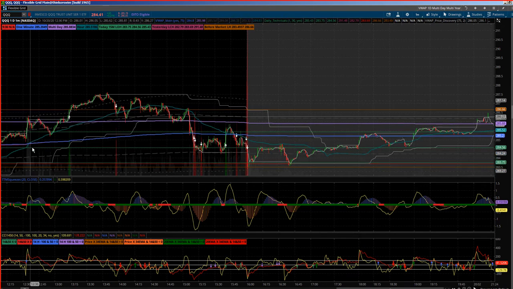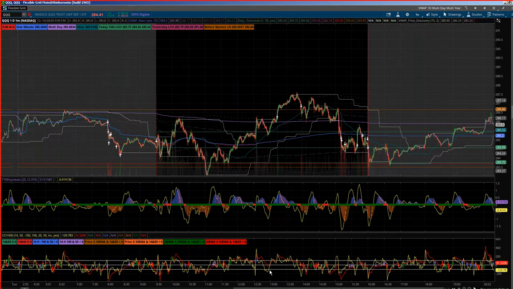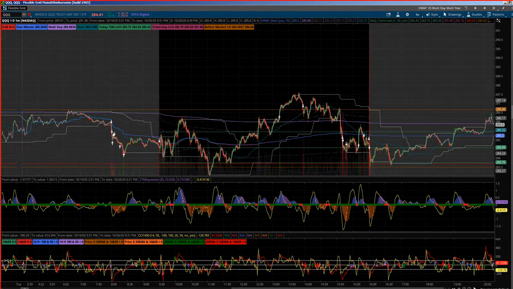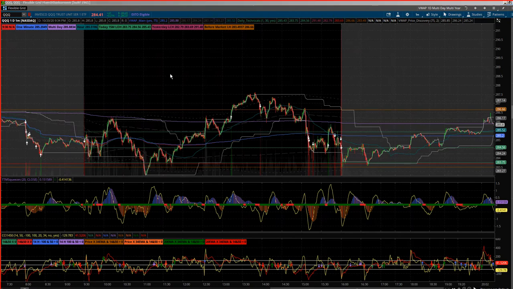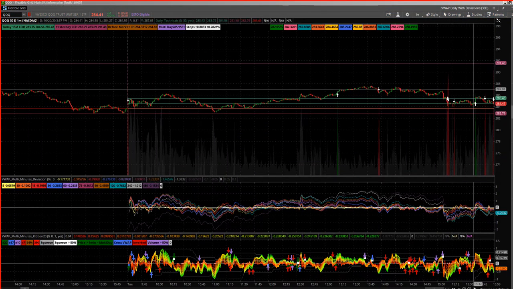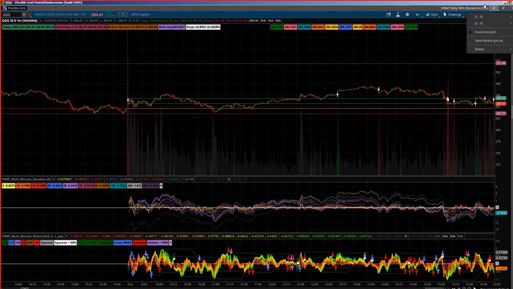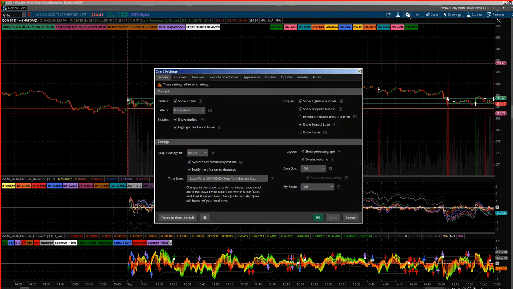They're in brown, and that is from the previous day. So these are supports that I keep on my chart in addition to the bands. So let's go, I'll put those back.